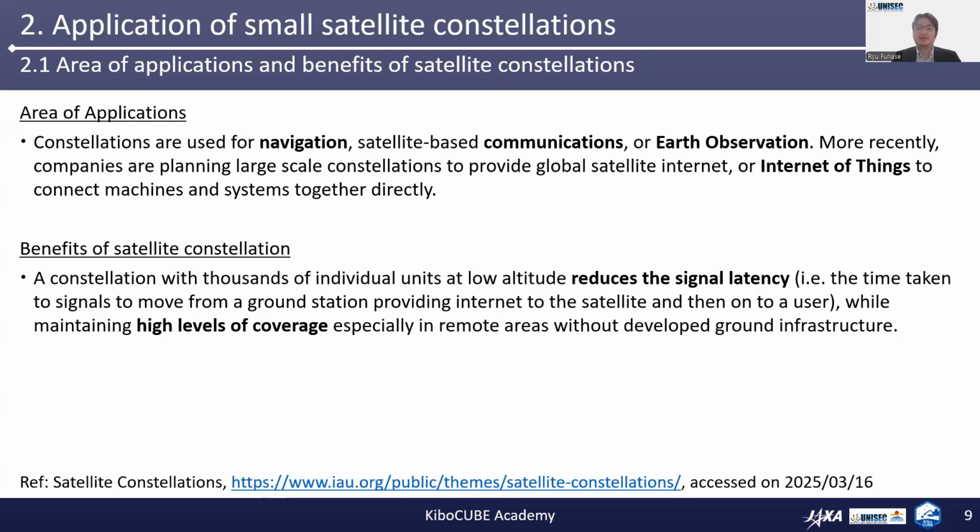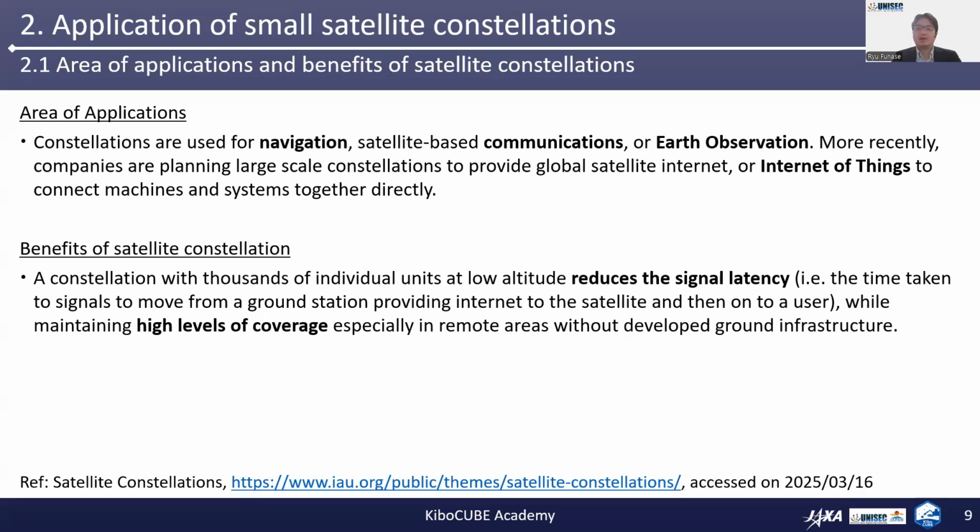There are also satellite constellations for communication between users on the ground through space, and Earth observation constellations for frequent observation of the whole Earth. Recently, satellite constellations for IoT, Internet of Things, are also being planned to connect all kinds of objects on the ground to the Internet.